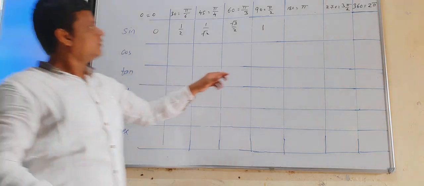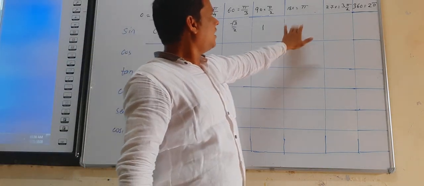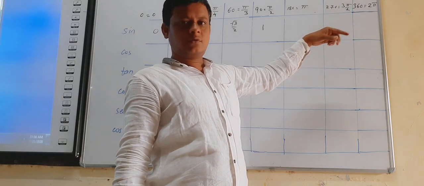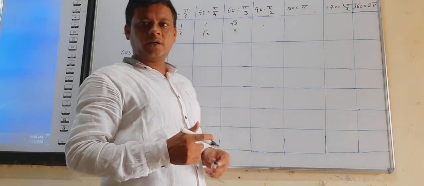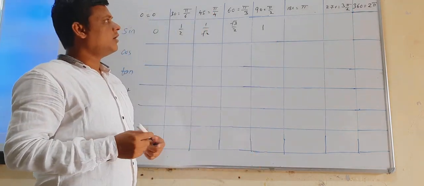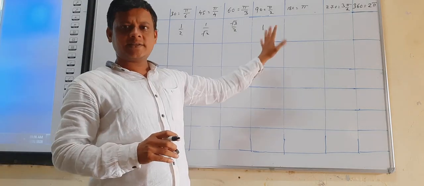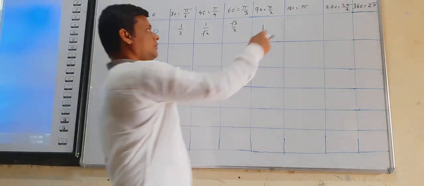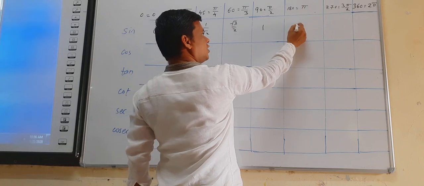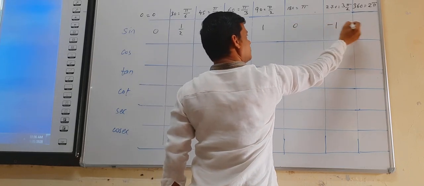Now these are the unknown values that you not studied in class 10, or you may be studied in class 11. So here we have to write 0, then -1, 0.